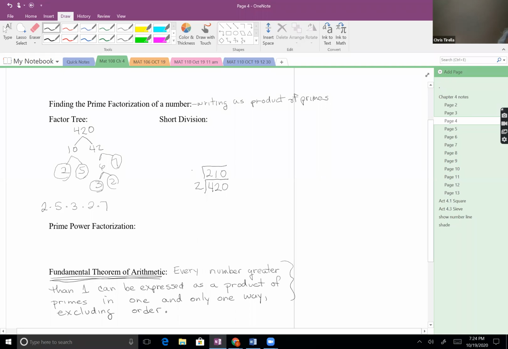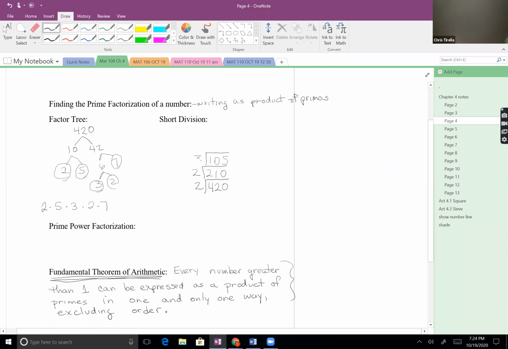So now I'm going to divide that by 2 again. How many times does 2 go into 210? 2 into 2 once. 2 doesn't go into 1, but 2 goes into 10 5 times. It's no longer even, so I'm not going to try to divide by 2.